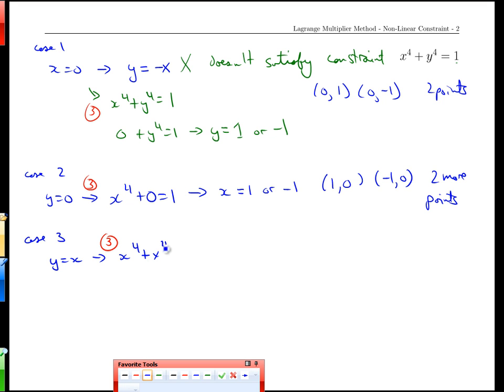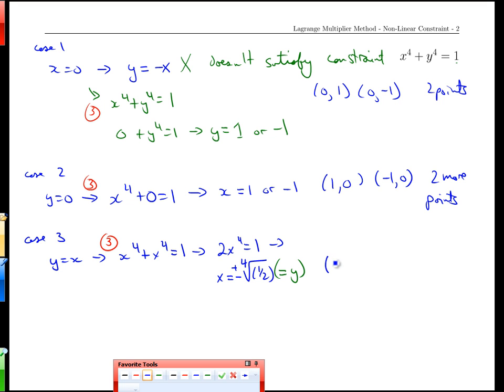We could have 2x to the 4s here equal 1, and that gives us 2x to the 4 equals 1, or x equals the fourth root of 1/2. And we started off this with the premise that y equals x, so that also equals y. And we notice because it's an even root, we could have the plus or the minus.